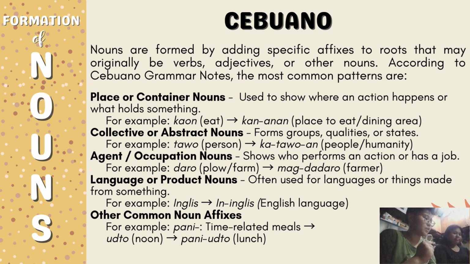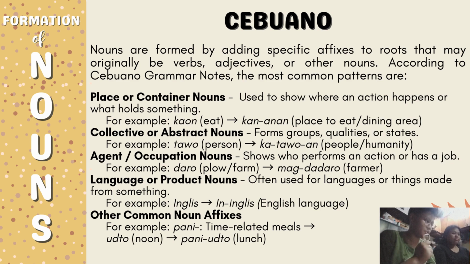Third is agent or occupation nouns marked by mag or man. And lastly is language or production nouns using in. Affixes also form terms related to time, origin, and material, allowing clear and systematic naming of people, places, concepts, and objects.